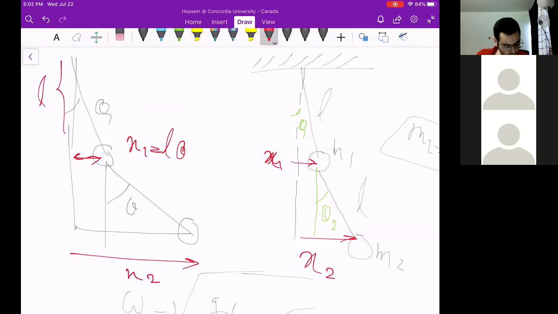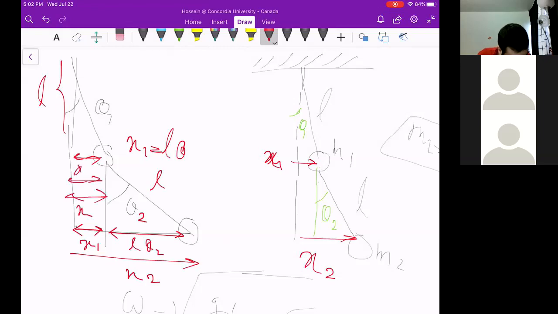So x2 is x1 plus L multiplied by theta 2. This is x1. So x2 would be x1 plus L theta 2.